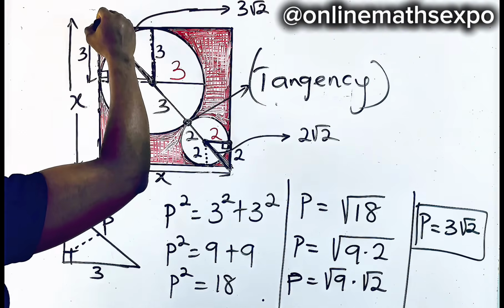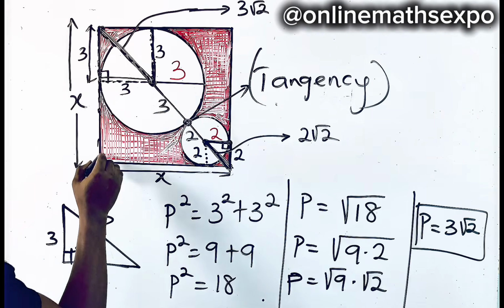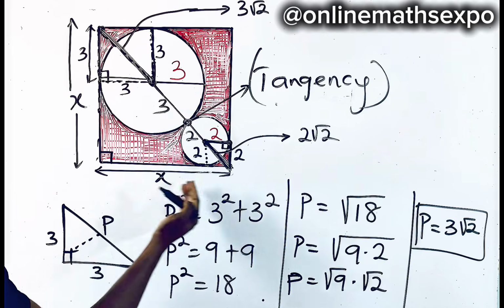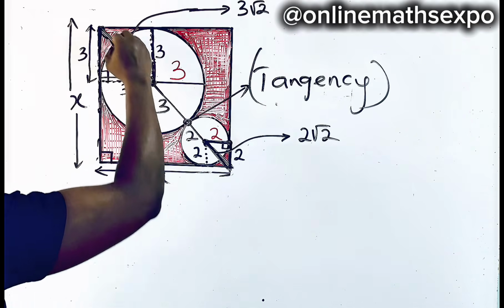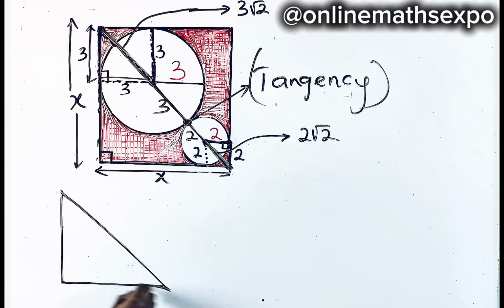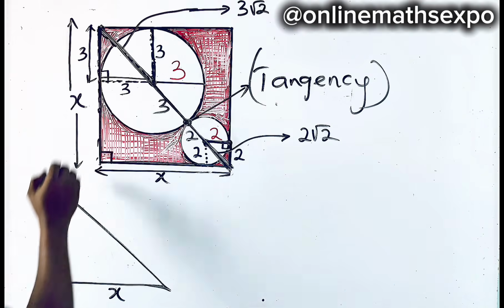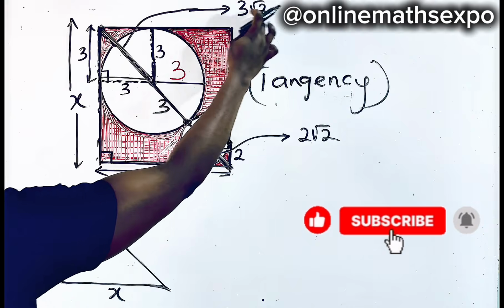It means that we can get the total length so that we can now use it to find the x. Now bringing out this part of the right triangle, this is what you have. The whole length here is x. And this one is given as 3 root 2.